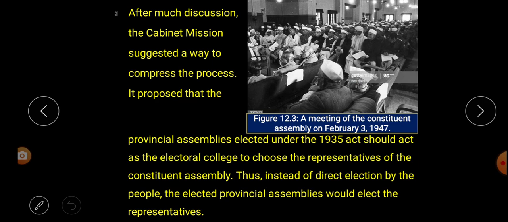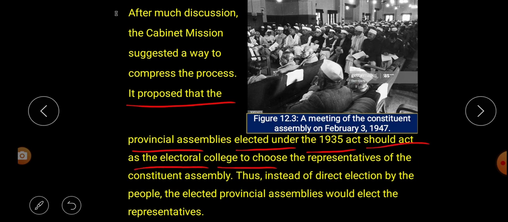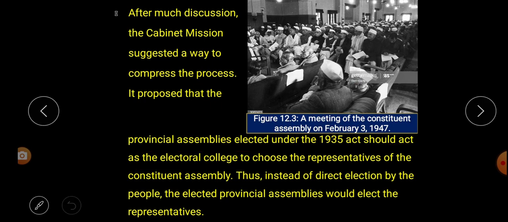Next sentence, it proposed that the provincial assemblies elected under the 1935 Act should act as the electoral college to choose the representatives of the Constituent Assembly.